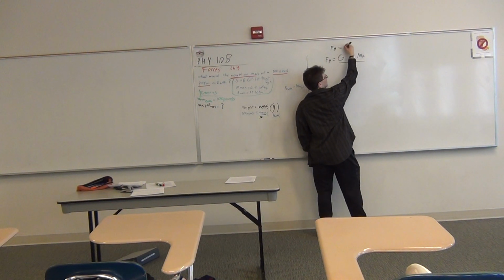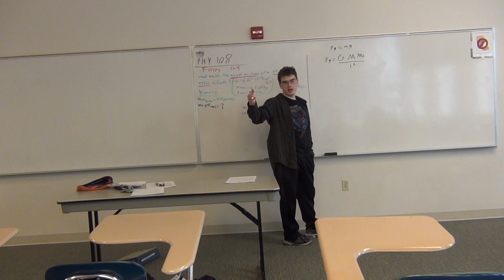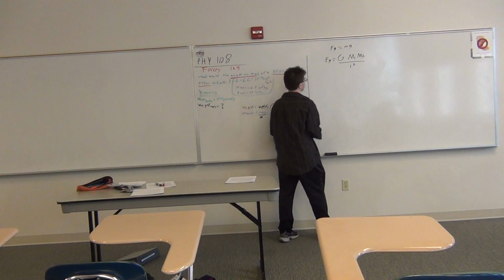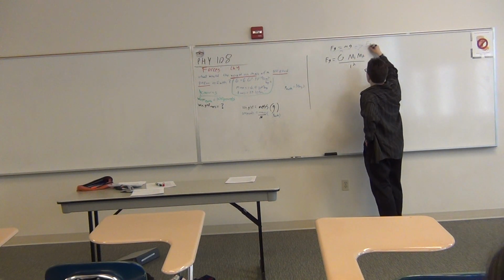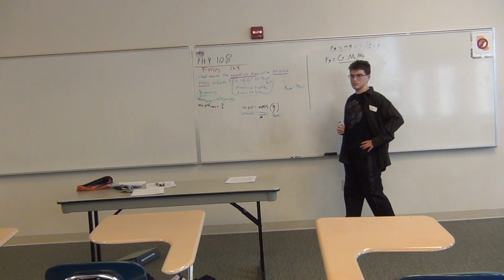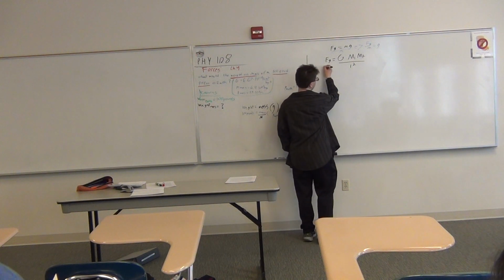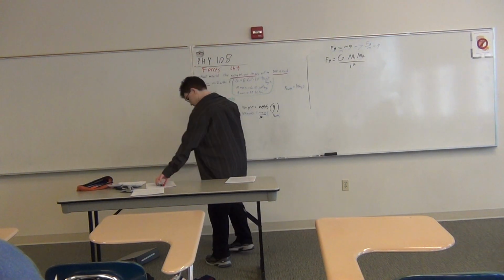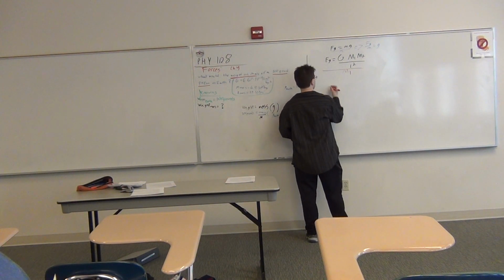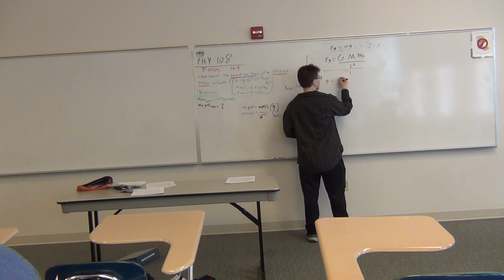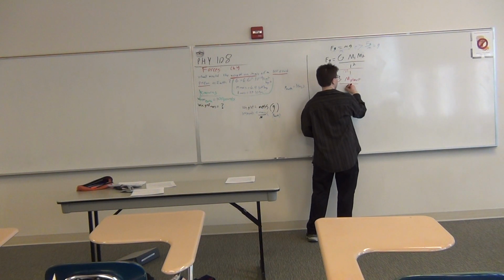Force of gravity can also be m times g. So if I want g by itself, I can divide by mass: Fg over m equals g. I can get rid of one of these masses and leave us with little g equals big G times the mass of the planet over radius squared.